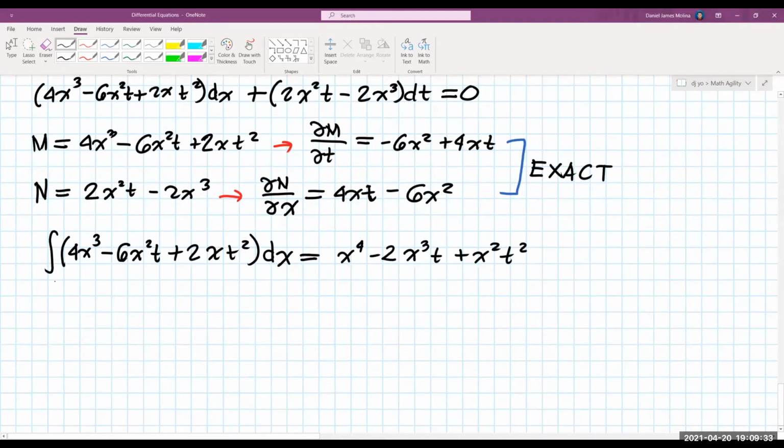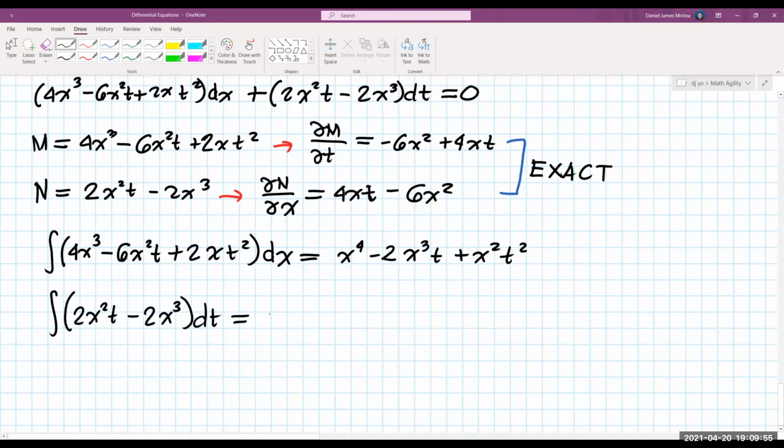Let's integrate the second term without disregarding anything. Let's copy the whole expression, 2x squared t minus 2x cubed dt. Here we will integrate with respect to t, so x will be considered constant.